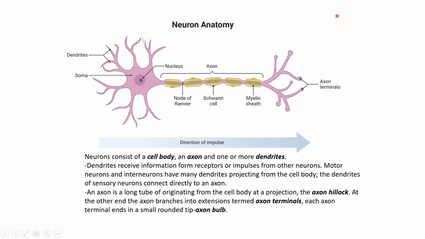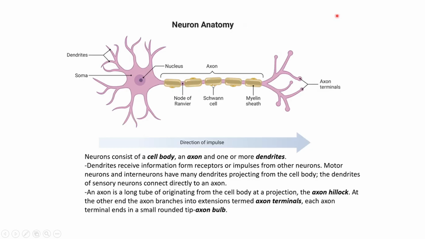Now the neuron anatomy. This is a single neuron, and here you can see the dendrites, which are extensions of the cell body and are linked with the dendrites of other neurons. The soma is the cell body, in which the nucleus is also present, and there is an axonic region.